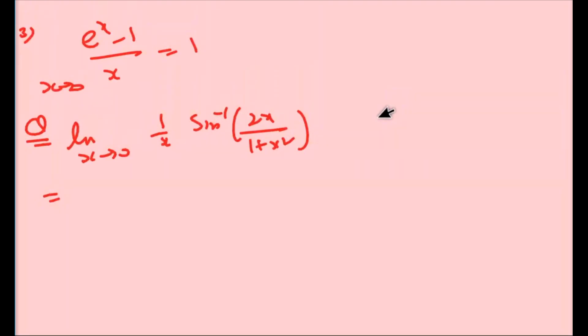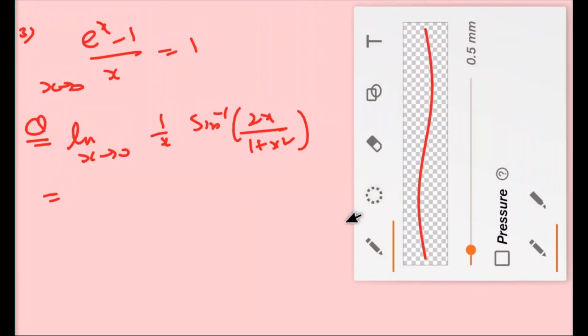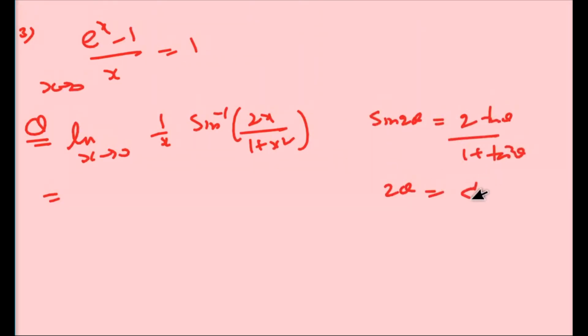Since we know sine 2 theta equal to 2 tan theta upon 1 plus tan square theta, this identity is used as a formula. We can write here 2 theta equal to sine inverse of 2 tan theta upon 1 plus tan square theta.